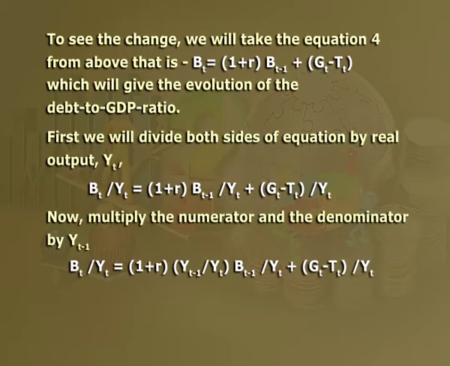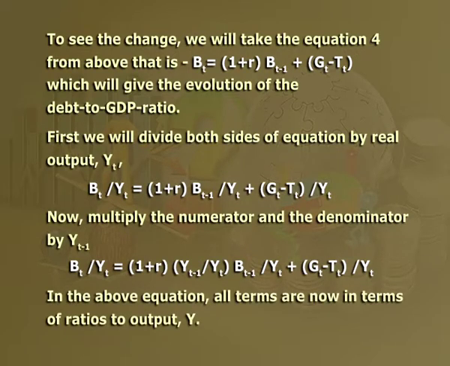Now, multiply the numerator and the denominator by Yt minus 1, which gives Bt divided by Yt is equal to (1 plus R) into Yt minus 1 divided by Yt into Bt minus 1 divided by Yt plus (Gt minus Tt) whole divided by Yt.